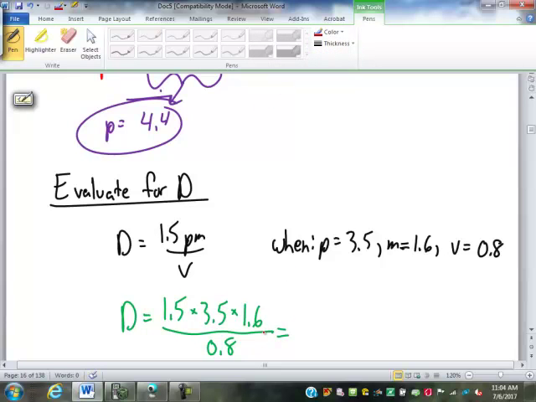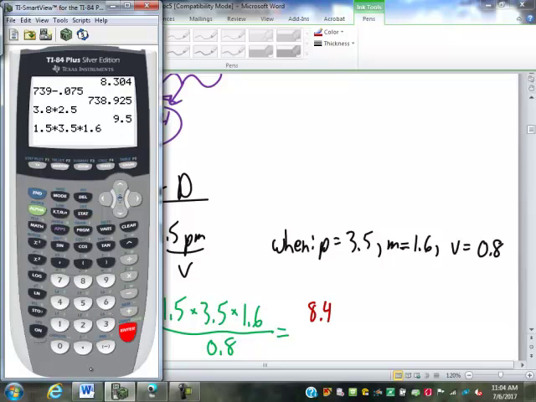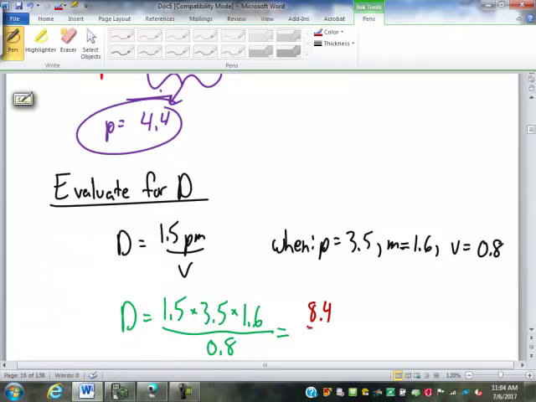Multiply everything out. Now on top, we multiply everything out. 1.5 times 3.5 times 1.6. I did it all at once. It is 8.4. Good.